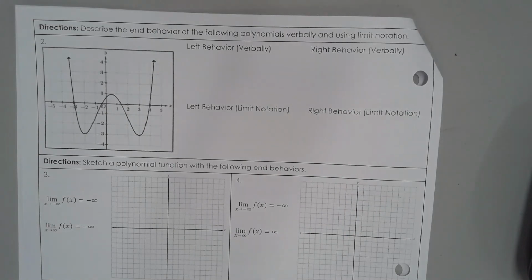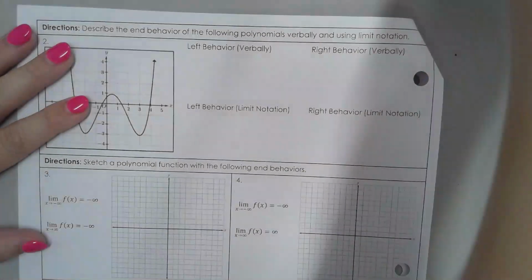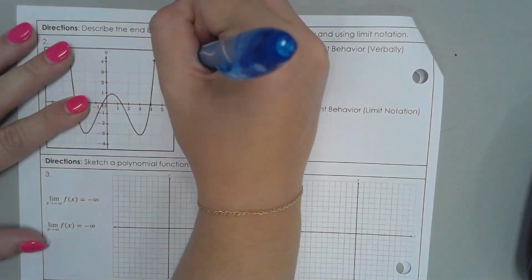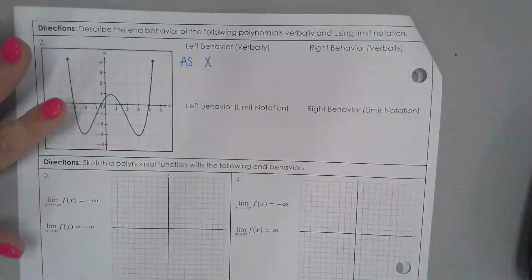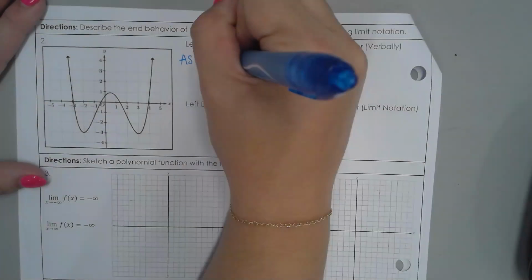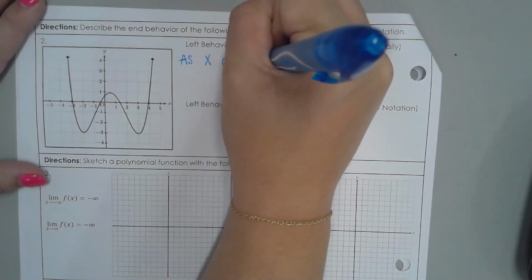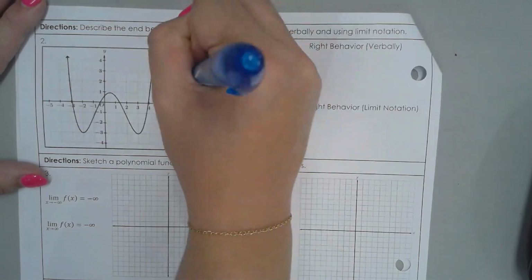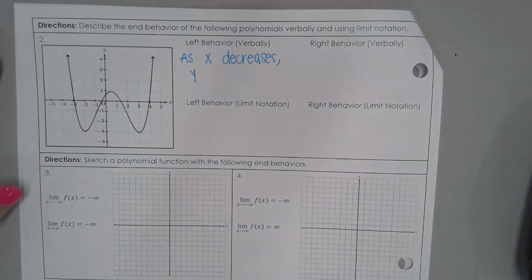I'm going to do the same thing here. So verbally, when we're talking about the left side, I would say as x on the left, what's happening to your x's? Left, x's go down. So as x decreases, y, all right, are my arrows pointing up or are they pointing down?